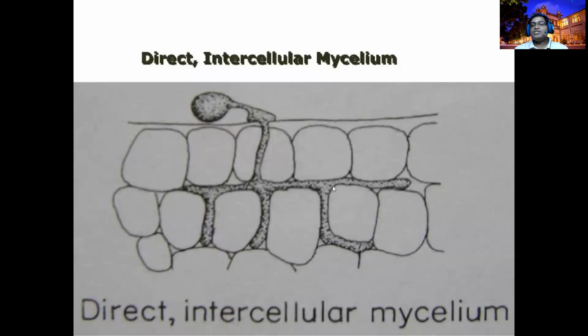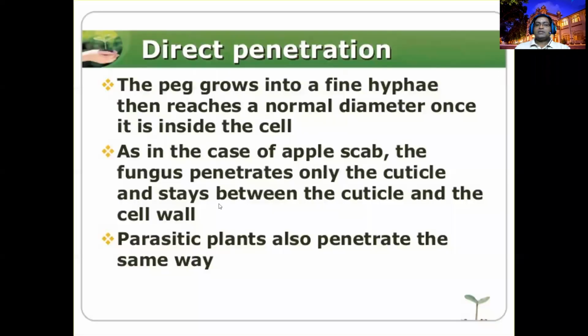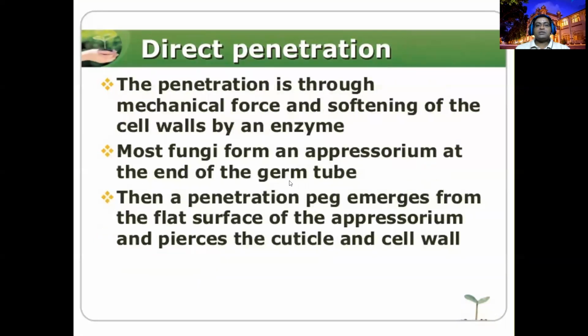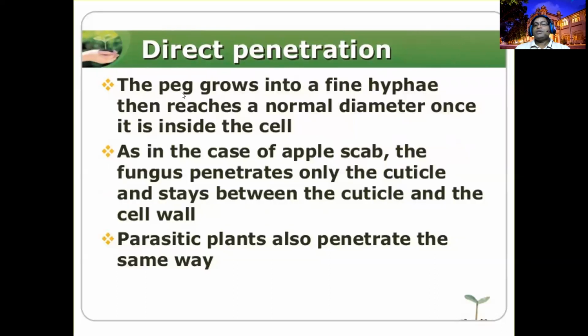Thereafter, this is an invading mycelium, an invading intercellular or intracellular mycelium. I think you got it, right? The parasitic plants also use the same way to penetrate. The penetration peg emerges from the appressorium. The peg grows, the fine hypha reaches the normal diameter. Once it's there, it is inside the cell. That's the invading mycelium. Right?